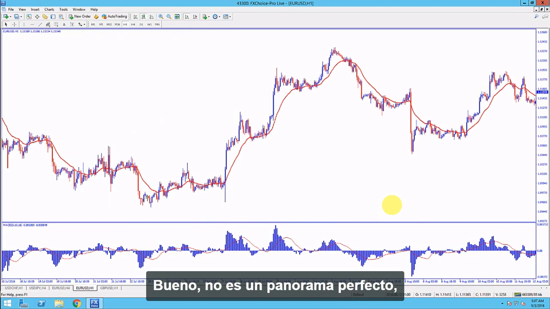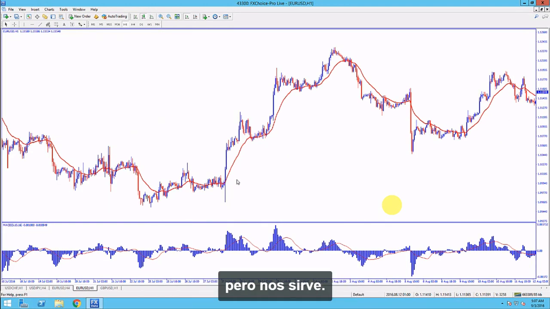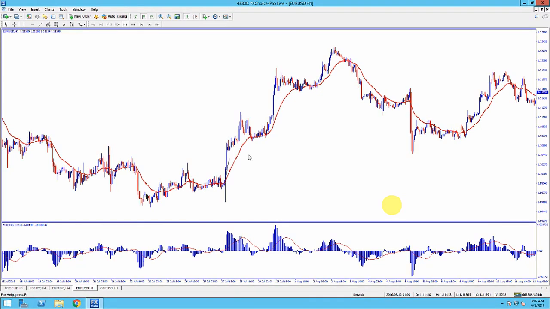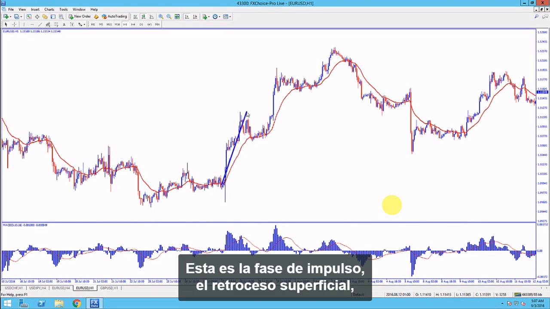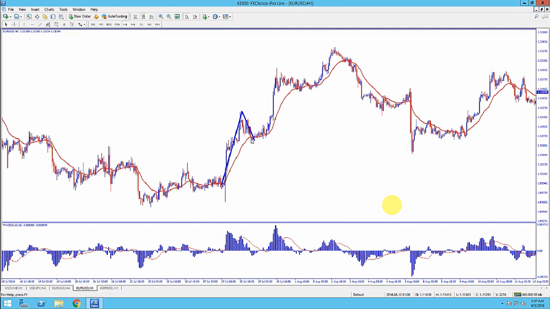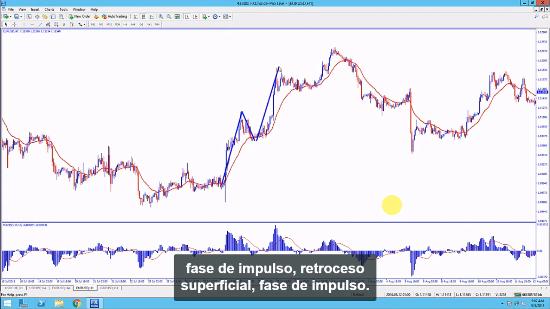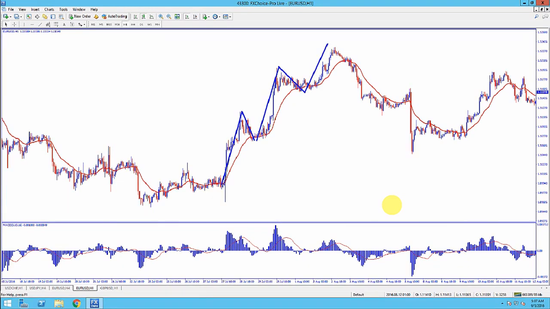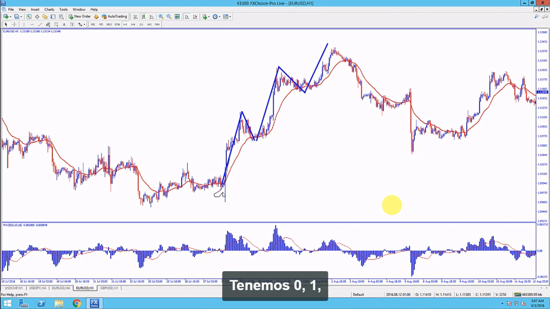All right, not a perfect picture, but we're going to look at it anyway. You have your impulse leg up, shallow retracement down, impulse leg up, shallow retracement down, impulse leg up. So what do we have here? We have a 0, 1, 2, 3, 4, 5.